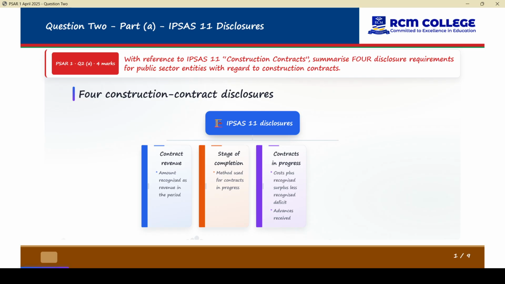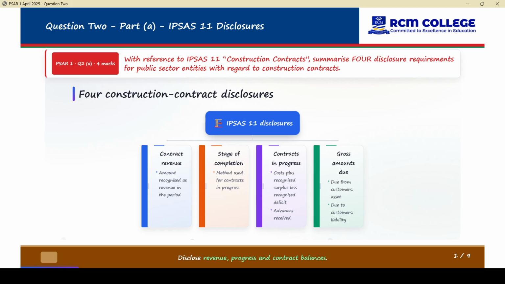For example, cost plus recognized surplus to date is 350 million. Again, you also say the advances received were 90 million. Retentions held are 25 million. You can say certain examples like that.